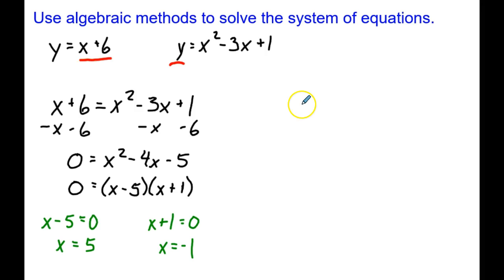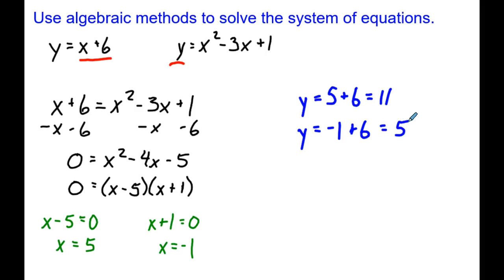So if I plug 5 in for x, we have y equals 5 plus 6, which is going to get us a y value of 11. And then if I plug in the other x value, which is negative 1 plus 6, good plus sign, we get a y value of 5. So our solutions are going to be the ordered pairs.